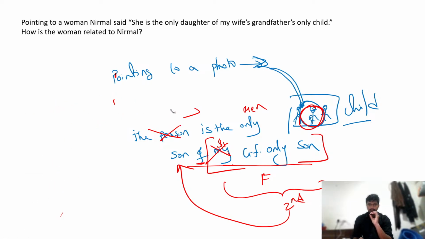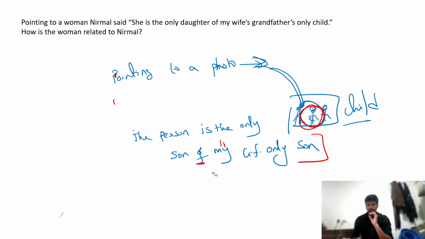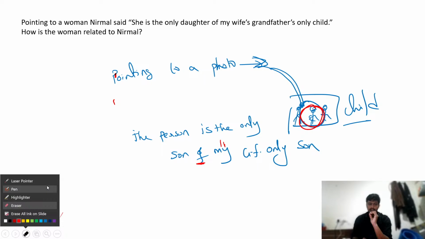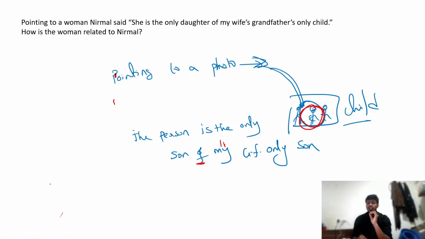That's the first step. Once you have identified that, the next step is to identify where is of. Here I got the of. Once you see of, try to solve the statement after of and link it with the previous statement.